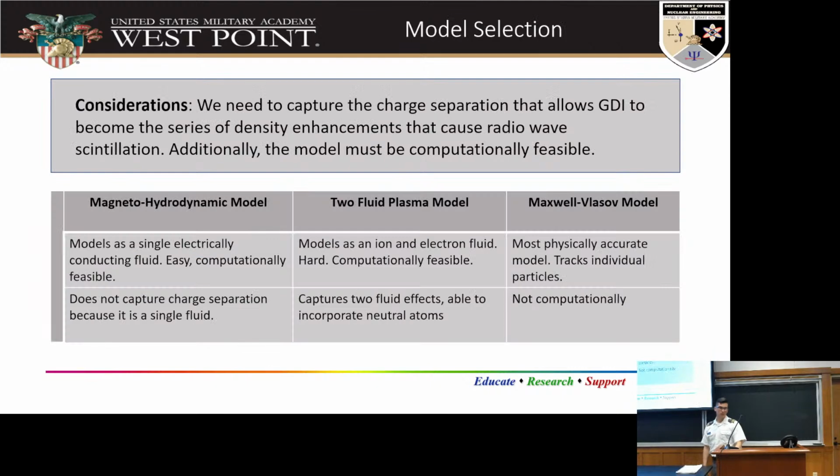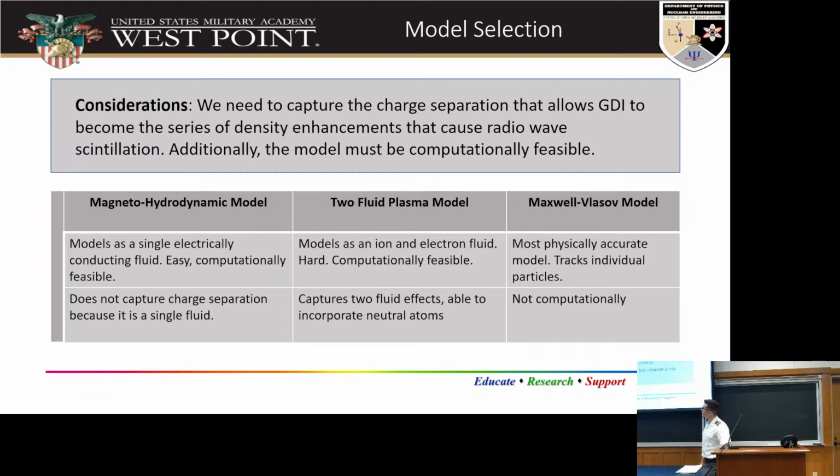So the selection of our model, there's a range of models to simulate plasma in fusion reactors and the ionosphere. The magnetohydrodynamic model is the simplest model. It models it as a single electrically conducting fluid. It's pretty computationally feasible, but it doesn't really capture the charge separation effects that we're looking for.